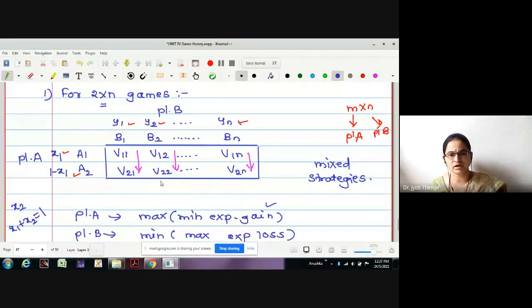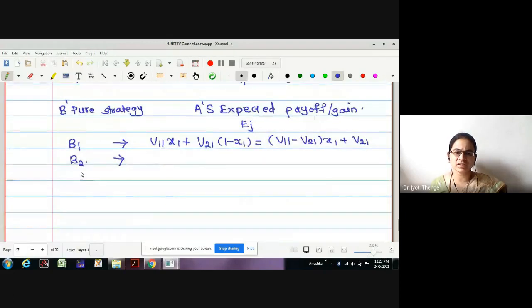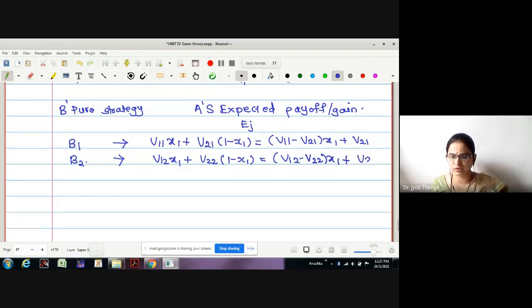V12 x1 + V22 (1 - x1). Doing the same thing, this is (V12 - V22) x1 + V22.